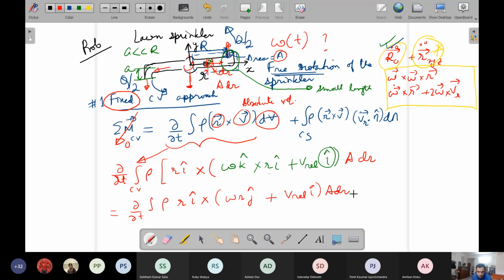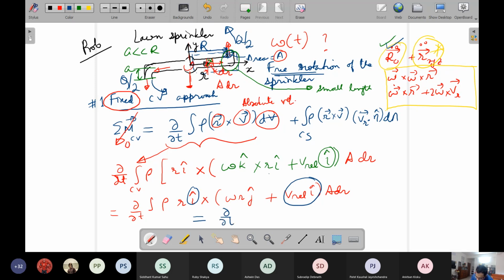Right. So you can clearly see that this term doesn't matter. Why this term doesn't matter is because it's i cross i, so it doesn't create anything except a null vector.